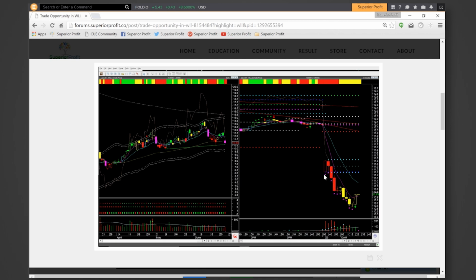What happened? It gapped down on the open, so it immediately became stretched, like the stretch signal we described in the daily chart. It became stretched, and it's magenta, so it's very oversold. There was not even any red stretch, not oversold. It became straight away very oversold and continued to be very oversold.